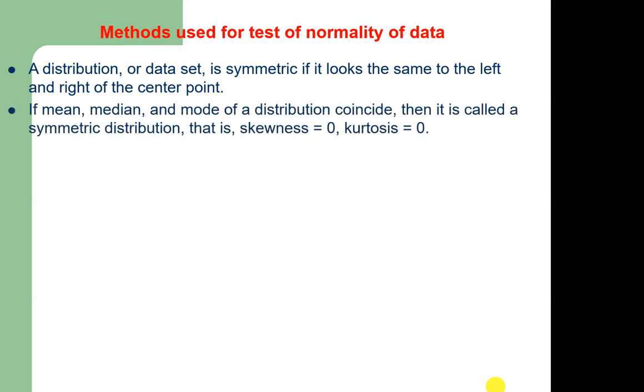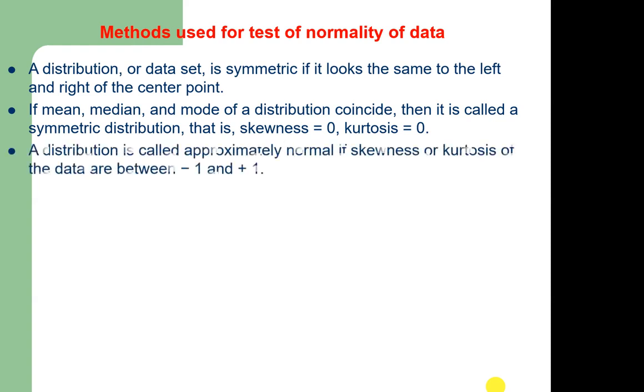If the mean, median and mode of a distribution coincide, then it is called a symmetric distribution. A symmetric distribution is also known as a normal distribution, and in that case the values of skewness and kurtosis are equal to 0. A distribution is called approximately normal if the skewness and kurtosis of the data range between -1 and +1.